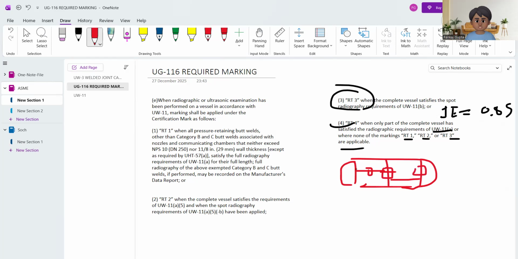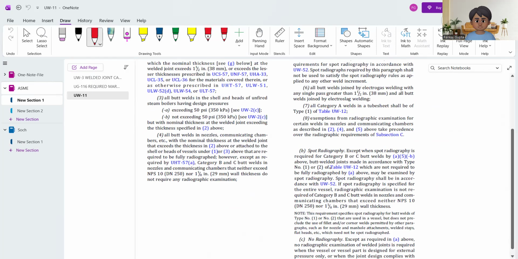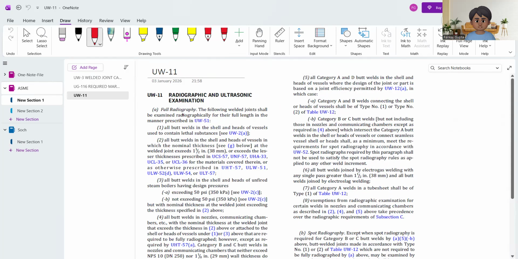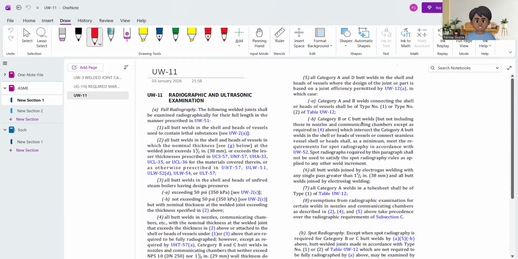And we are qualifying, like 10%, on the circumferential seam and long seam, and we are also considering for the dish head one joint, the T joint, especially I am saying for the dish head, this T joint. So it means that we are following the UW11(a)(5)(b) requirement. UW11(a)(5), this is the A5 and this is the category B joint.